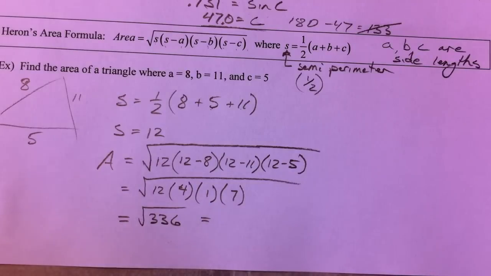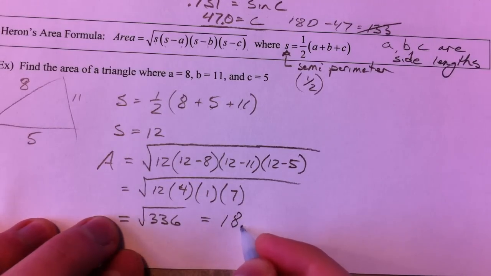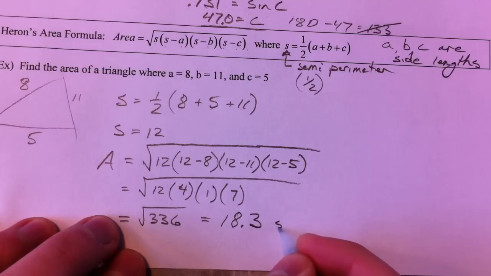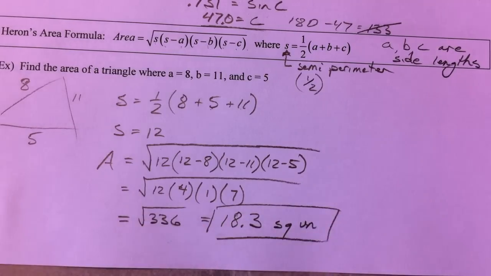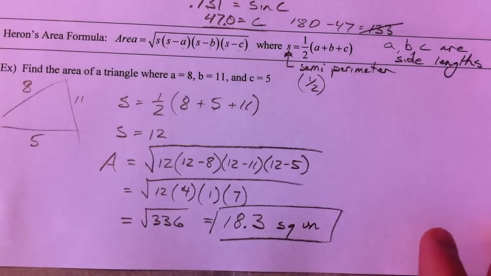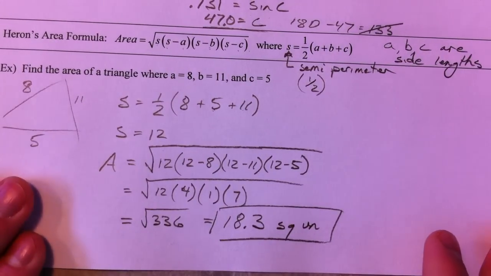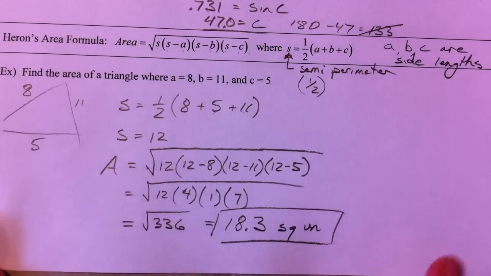And so the area is the square root of that, 18.3 square units. And that's the area of that triangle. Law of sines and the area of the triangle using 1/2 AB sine C and Heron's formula. Sometimes a little work, sometimes it's as easy as just plugging it right in.